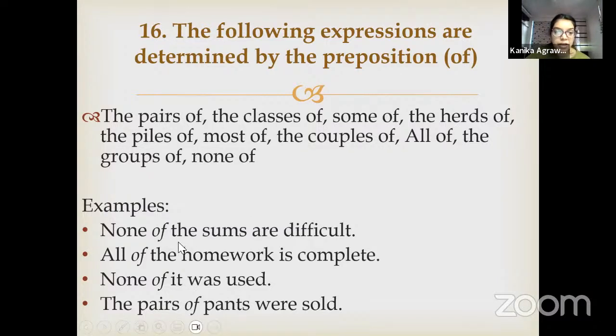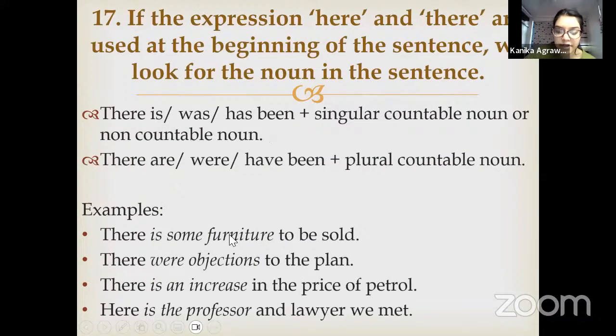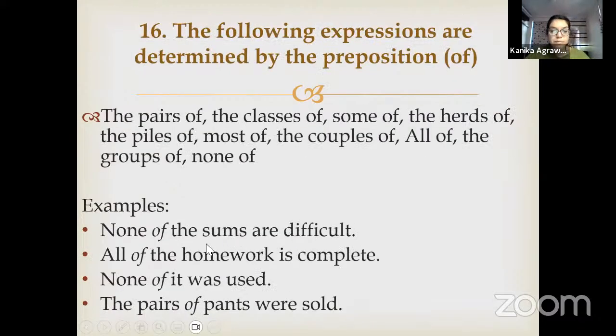And in this case, if it is none of the sum, okay, then you will use is. None of the sum is difficult. None of the sums are difficult. If it is sums, like plural, here it will also be plural. Like, the pairs of pants were sold.